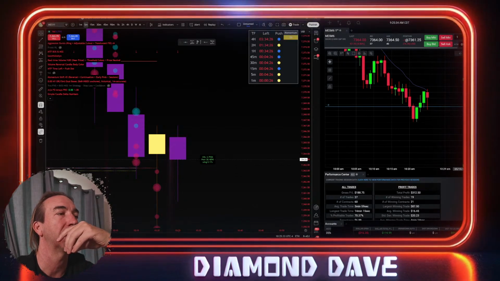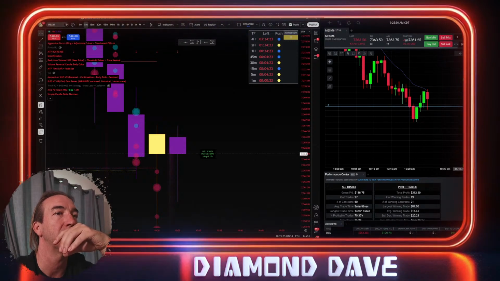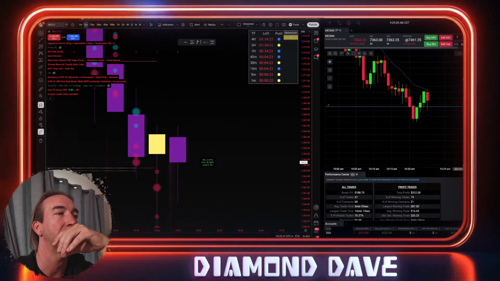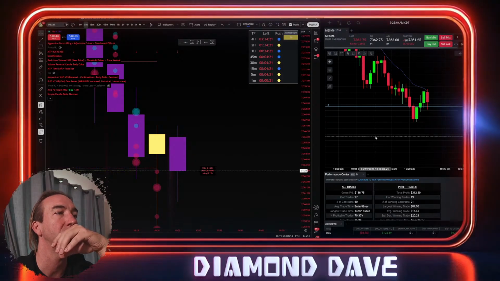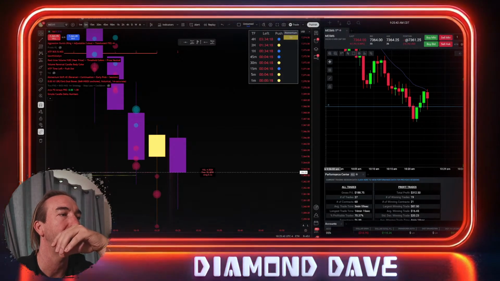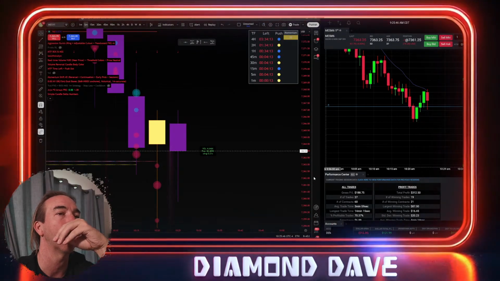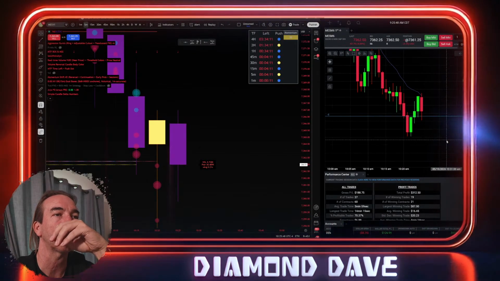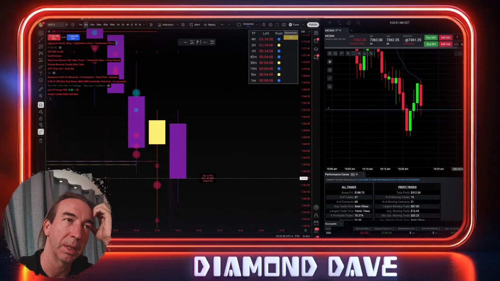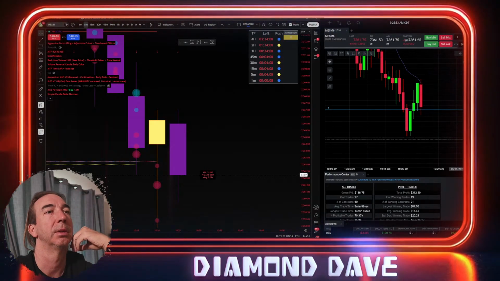So we are respecting this. It has really got to close below this line, and we've got to see another 5 minute close below this line. If it closes above the line, that's a sign it's probably going to go up. So we really need to see a big push to the downside.